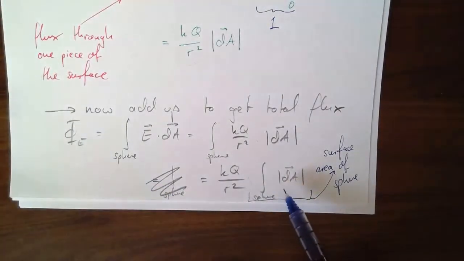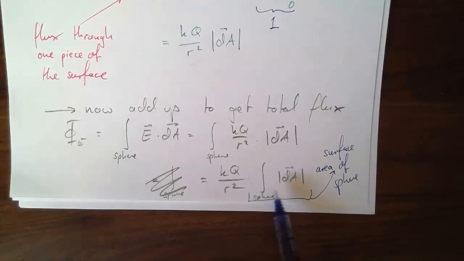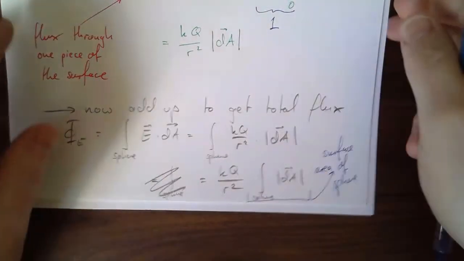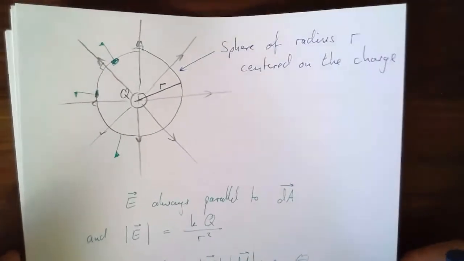So we're sort of doing an integral here, but it's an easy one. We don't really have to work anything out. We're just saying the sum of all the tiny chunks, keep adding until you've got the whole thing. That's just the area of the whole thing. It's almost a trivial statement.